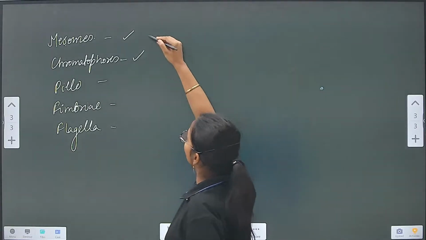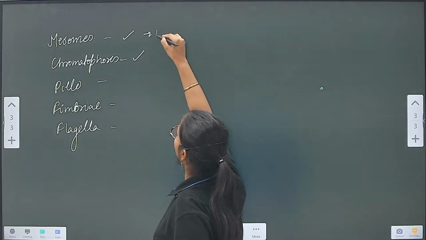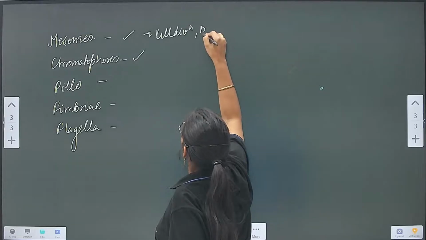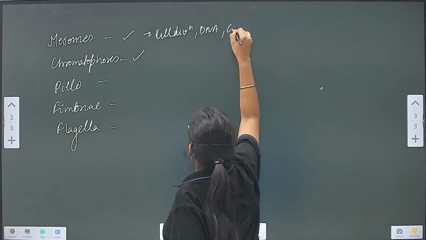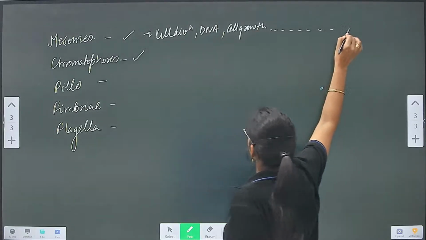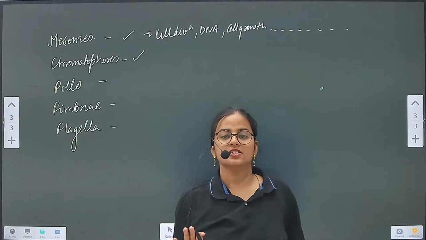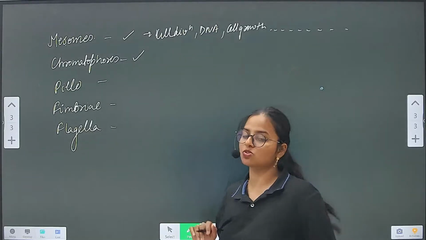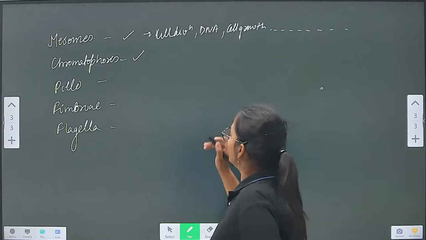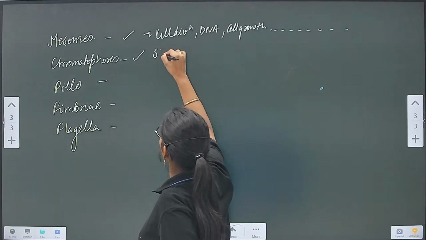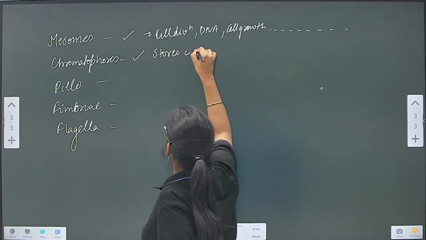Mesosomes are the cytoplasmic extensions which play a role in cell division, DNA replication, cell growth, increasing surface area for enzymatic activity, and all that we have already discussed yesterday also. Okay, chromatophores are the extensions of plasma membrane which store what? Colored pigments.